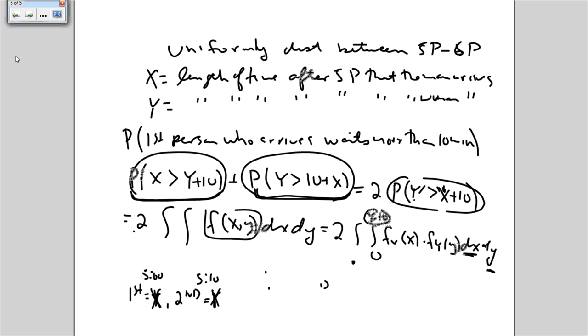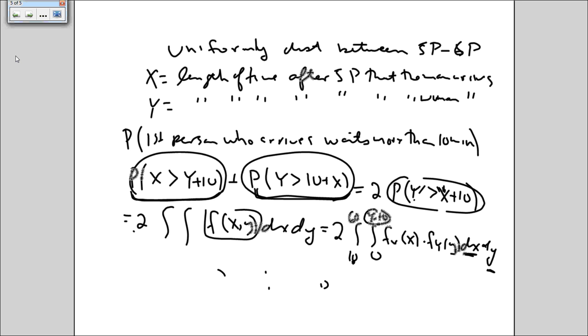What can y go from? Well, y had to come at least 10 minutes after x. So y had to come at least 5:10. It could have come as late as 5:60, also known as 6 o'clock. So those are the limits.